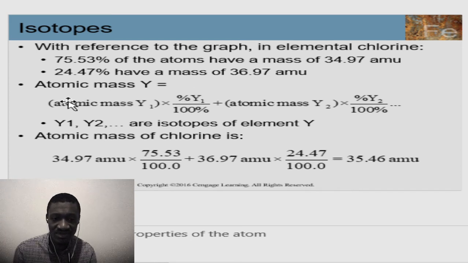So now notice that you're doing the atomic mass of Y, which is this atomic mass unit, the percentage over 100, so that the percent would cancel the percent, the 100 will cancel the percentage, the isotopic abundance, and then you now add it to the second, what I was saying here, what I just explained here now.